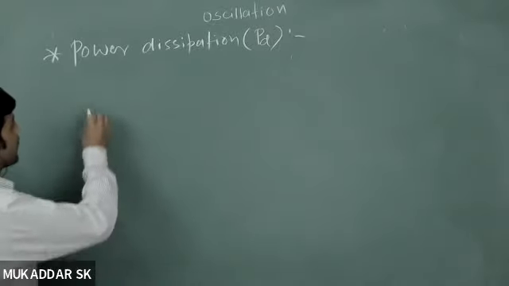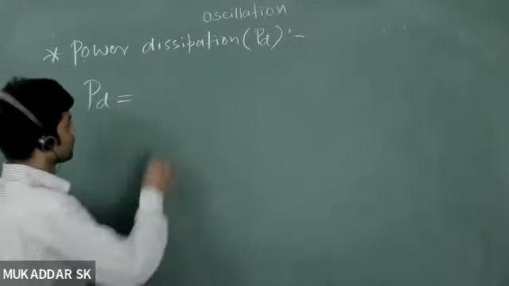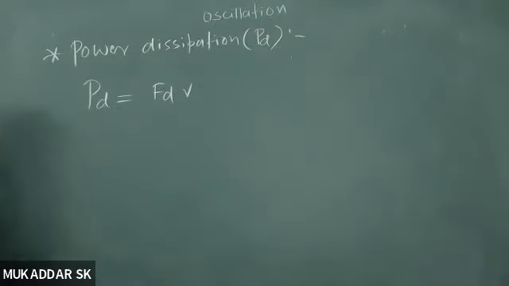So power dissipation can be written as PD equals to FD into V. ठीक है ना? पावर डिसिपेशन क्यों हो रहा है? क्योंकि डैम्पिंग फोर्स में क्यों होता है? क्योंकि in damping medium there will be always some friction between that molecules, and you have oscillator. That friction causes there is a loss of energy. So power dissipation, that damping force is the only source of power dissipation.